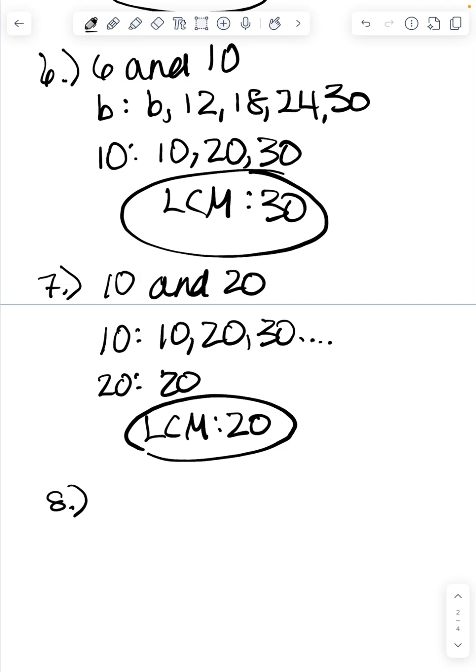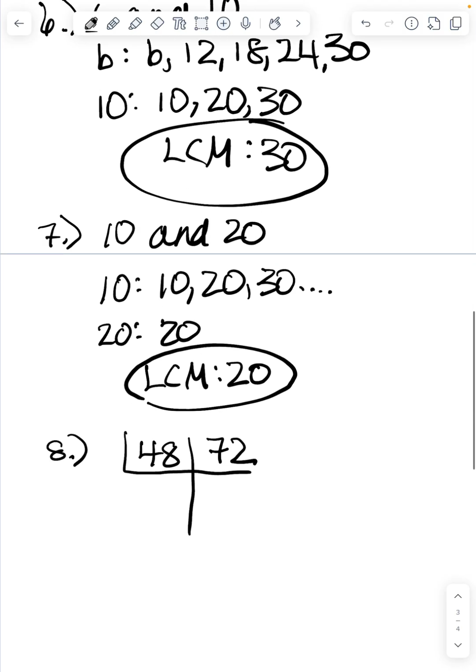Number 8, use a combined factor ladder to find the least common multiple of each pair of numbers. All right, so a combined factor ladder on 48 and 72. We're going to start with the smallest prime number that divides out of both of them. That's 2. That will leave me with 24 and 36. We can do it again.